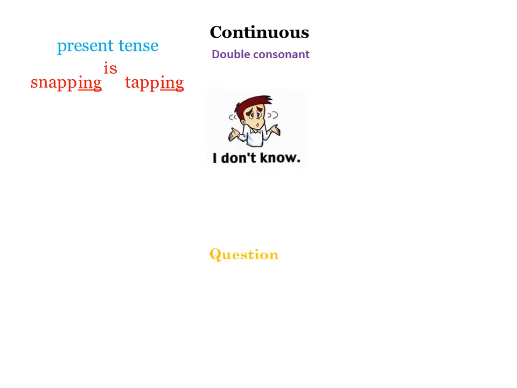When you want to ask a question and you don't know, you use the verb do and ing, doing. For example, you use a question word like what. The verb to be is, the person, your cousin, and then doing.